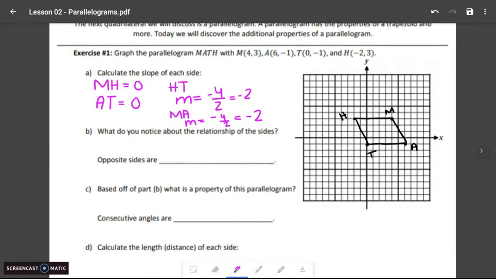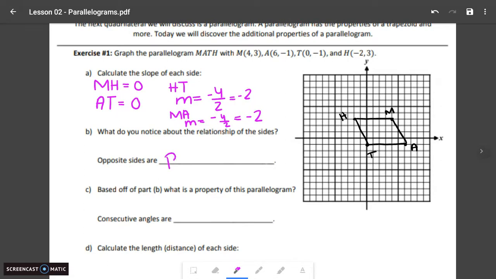If we see these slopes, we know that both pairs of opposite sides are parallel. Everything that has to do with the slope is either parallel or perpendicular. Because MH and AT are the same, they're parallel, and the opposite sides, HT and MA, are the same, so they have to be parallel as well.